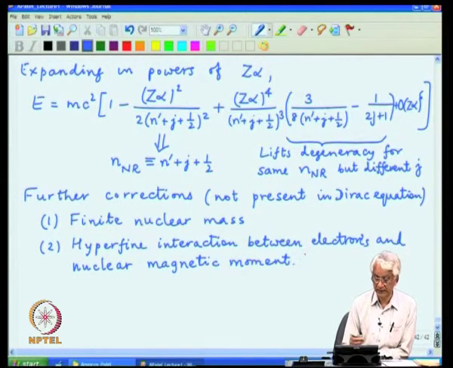This again can be calculated very easily as a dipole-dipole interaction and added in perturbation theory, and again it is something which is experimentally quite clearly seen.